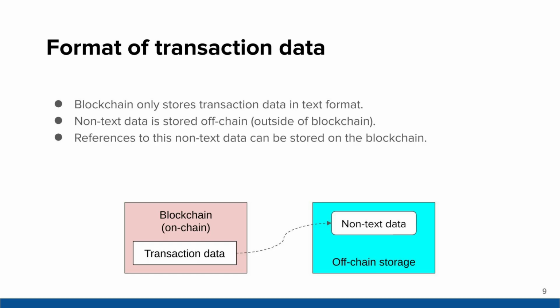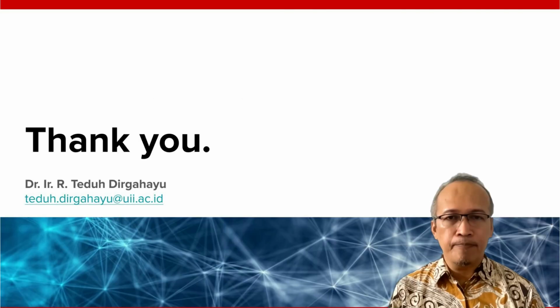Instead, they're stored somewhere else, what we call off-chain storage. What blockchain can store is a reference, like a link or an ID that points to where that non-text data lives. So you can still connect it to a transaction, just not store it directly. Think of it like putting a sticky note on a box in a warehouse. The note goes in the blockchain ledger, but the actual box stays in the warehouse.